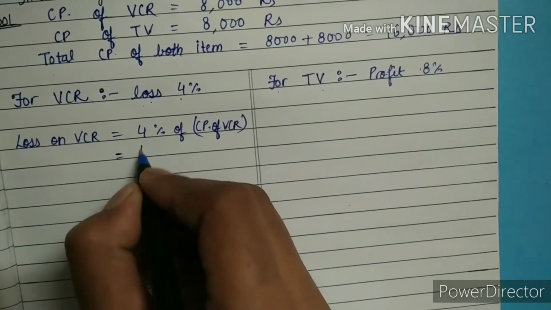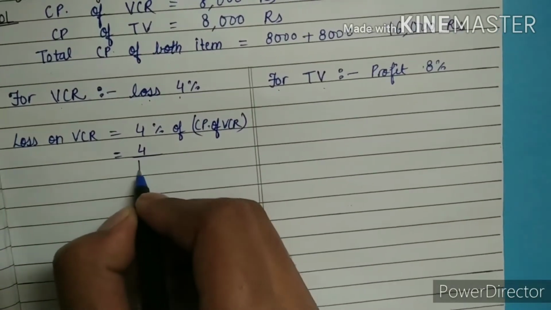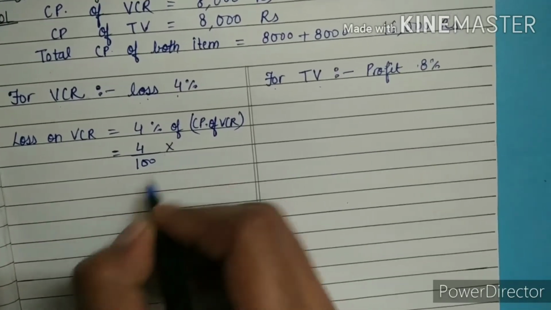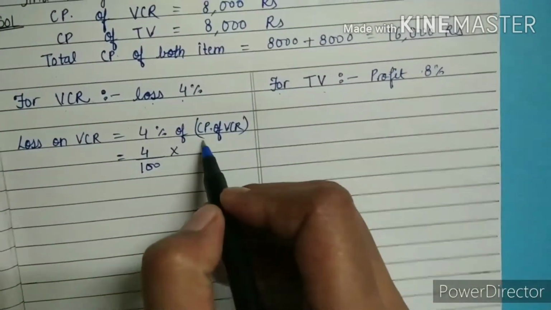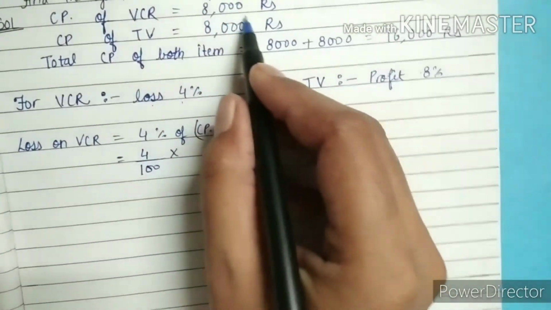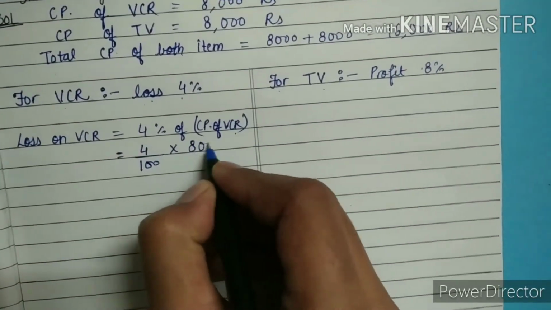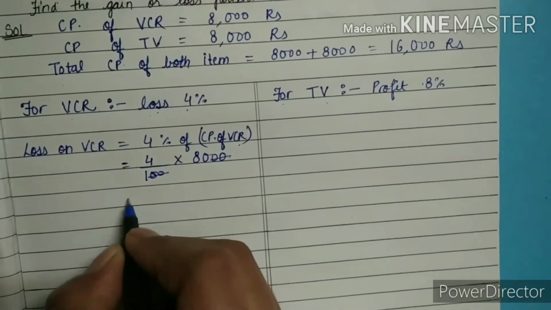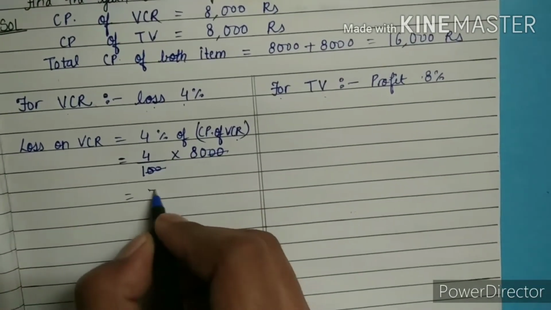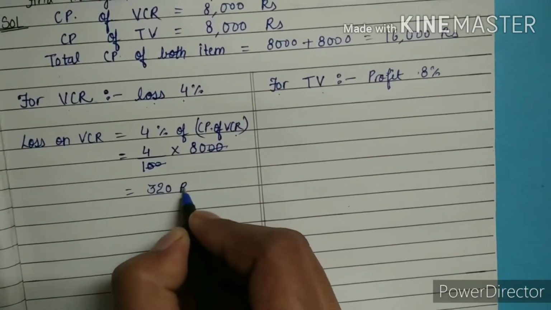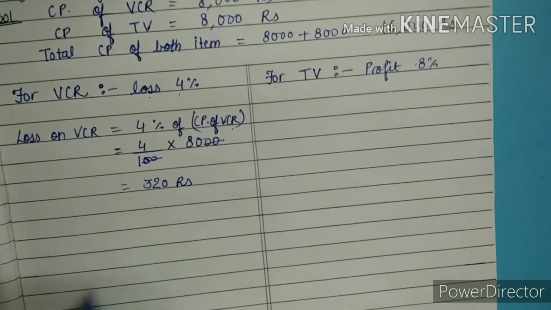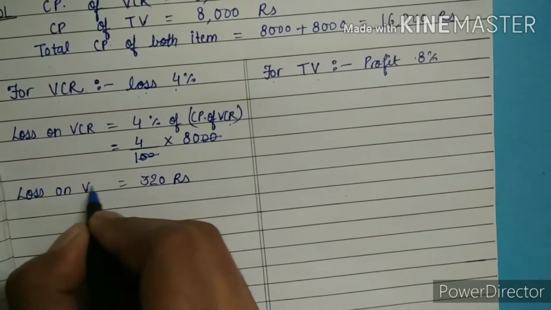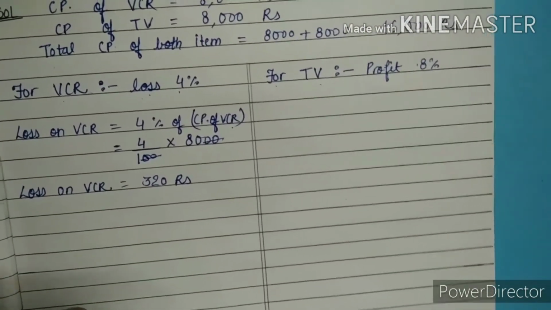When we remove the percentage symbol, 100 will come at the downside. On the place of 'of' we have to multiply, and cost price of VCR is 8000, so 8000 will come here. 00 to 00 cut, and 4 into 80 is 320 rupees. So this is the loss, because we are finding loss on VCR.